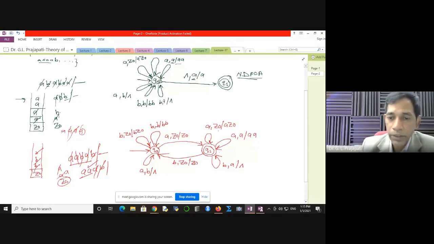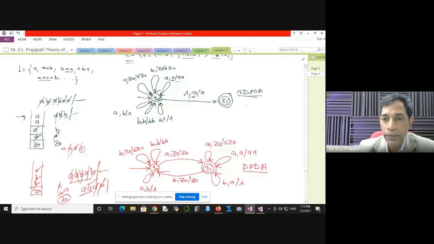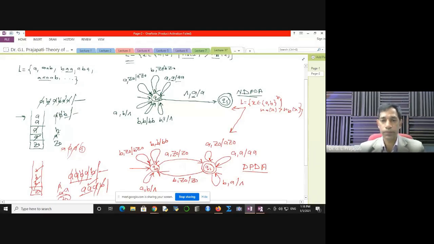And hence this is the DPDA for this language. The other one is the NDPDA for the language. We have the language L, which is the set of X taken from {A, B} star, such that the number of A in X is more than the number of B in X. For this language, this is the NDPDA, and for this language, this is the DPDA.